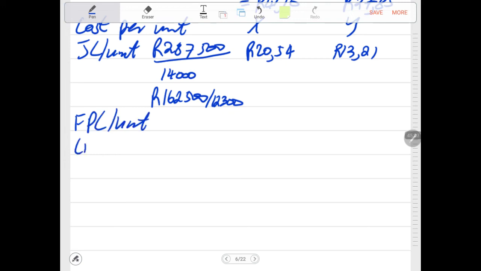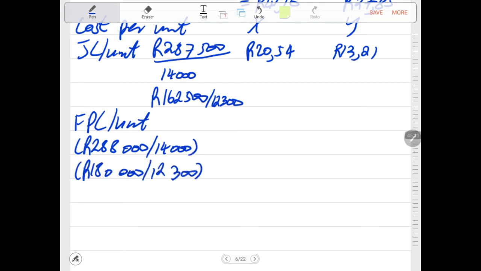Our further processing cost, we know that it is 288,000 for product X. Divide this by 14,000. And for product Y, further processing cost is 180,000. Divide this by 12,300. You could have used the same method for the first calculation.